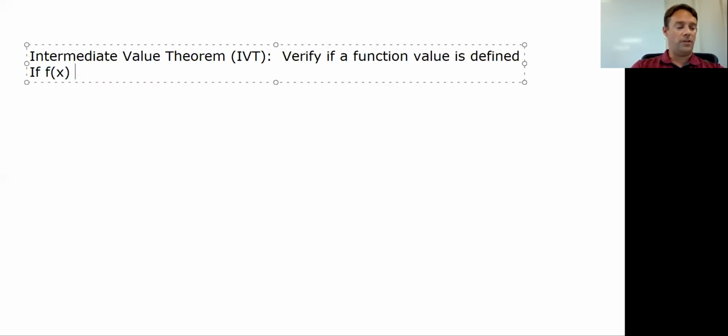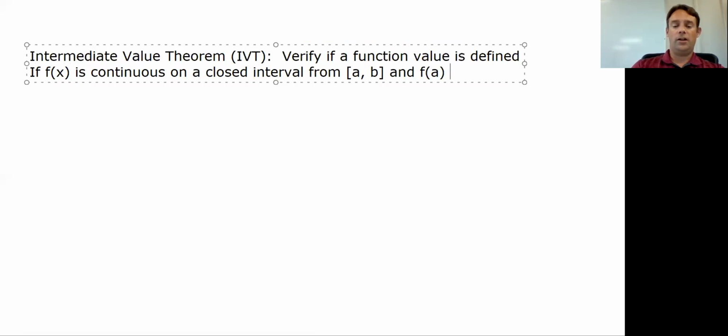It says if f of x is continuous on a closed interval from a to b, so two random values, and f of a does not equal f of b.